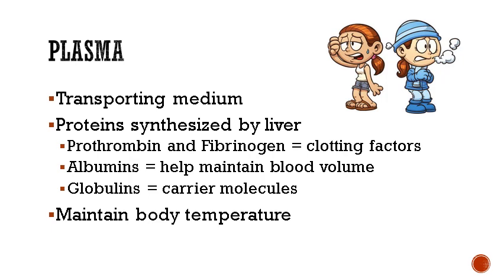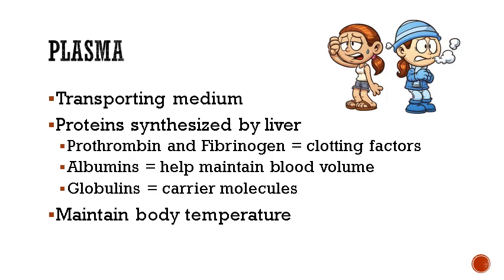Plasma is very important. It's a transporting medium in our body. Proteins are synthesized by the liver, and these proteins, prothrombin and fibrinogen, are really important clotting factors, and those are within plasma. So if we don't have adequate plasma, we are at risk for not being able to clot. Plasma also contains albumins.